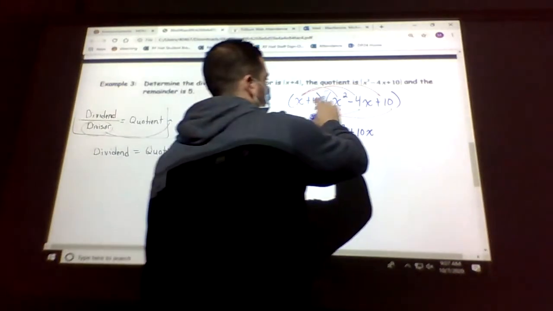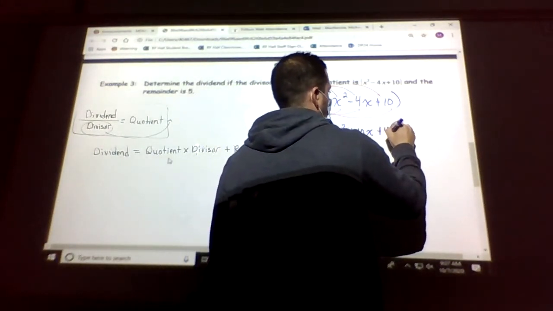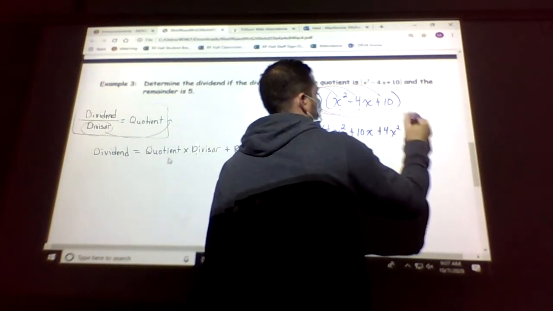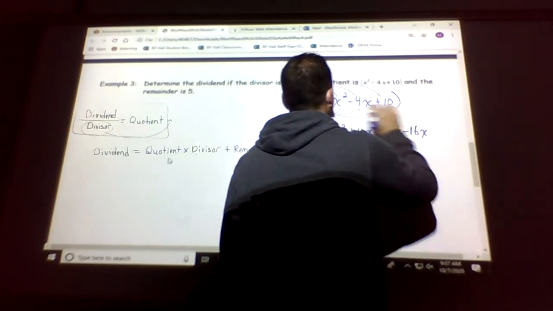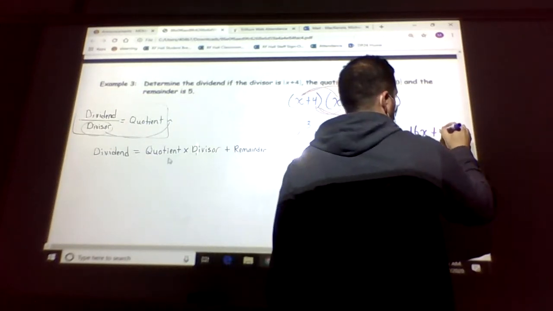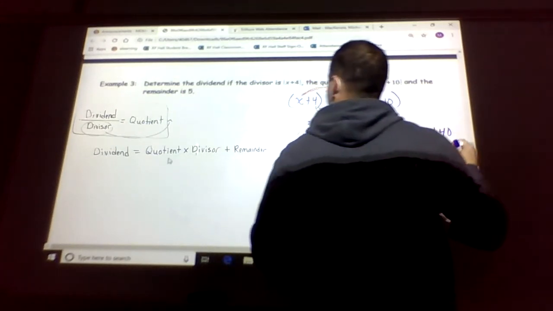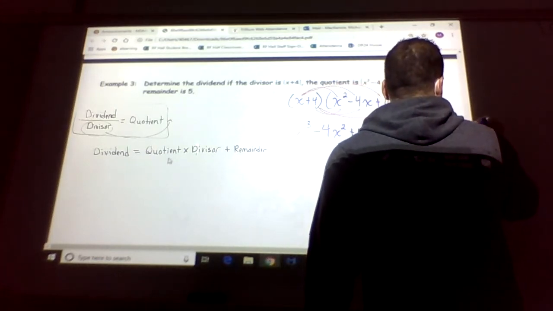And 4 times x squared is 4x squared, 4 times negative 4 is negative 16x, and 4 times 10 is 40. And then we're going to add our remainder of 5.